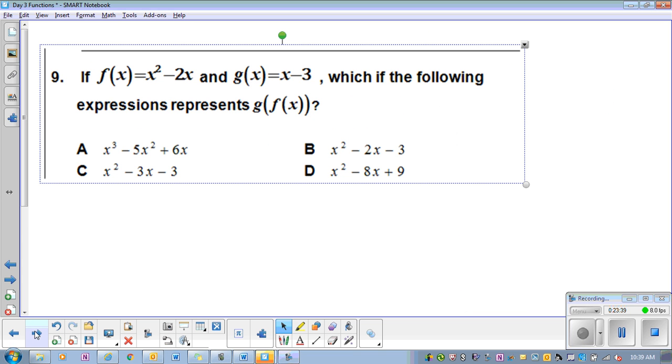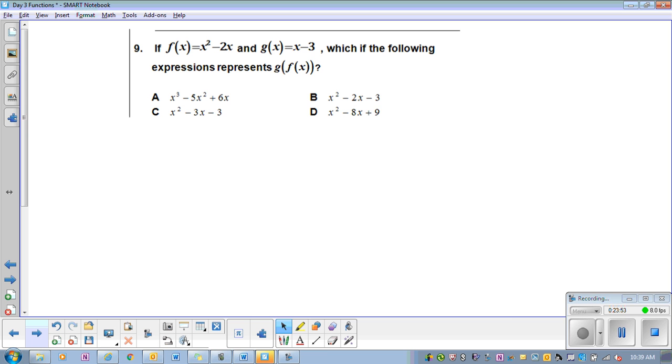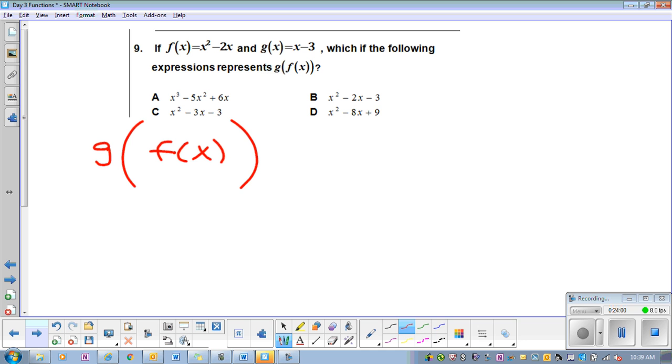All right, let's look at the next one. If f of x equals x squared minus 2x and g of x equals x minus 3, they want to know which one is g of f of x. What is f of x out of the things that they gave you here? X squared minus 2x.